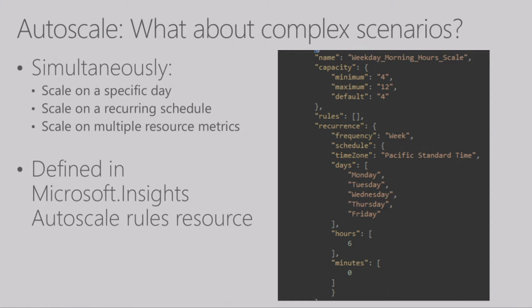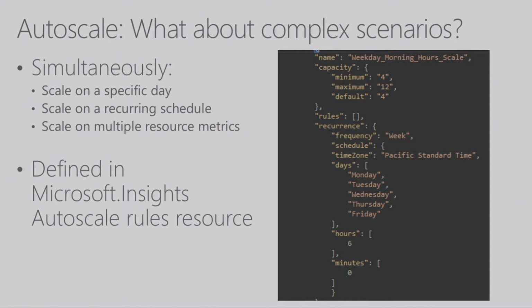But you don't necessarily have a lot of traffic on Monday because people just aren't shopping. It might also be that you have a sale coming up, and you want to make sure that you have enough VMs to handle your load ahead of time without waiting for your VMs to become resource constrained. And you can do all of this simultaneously with Autoscale.